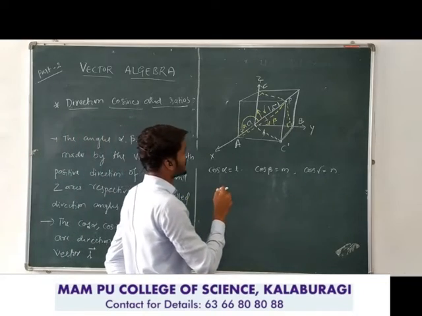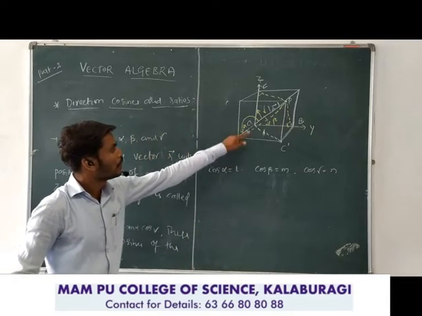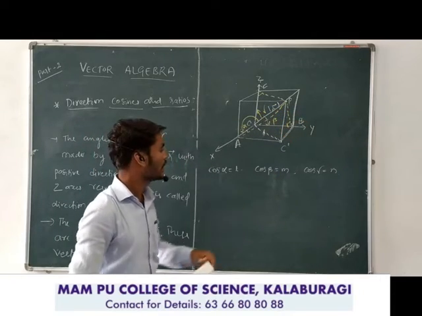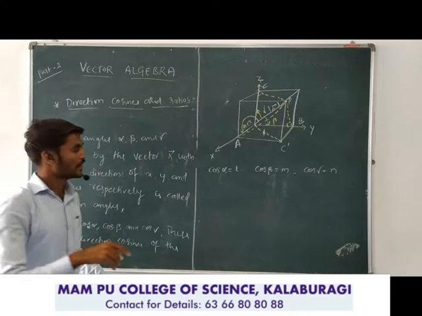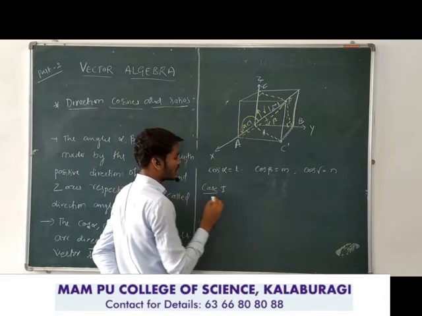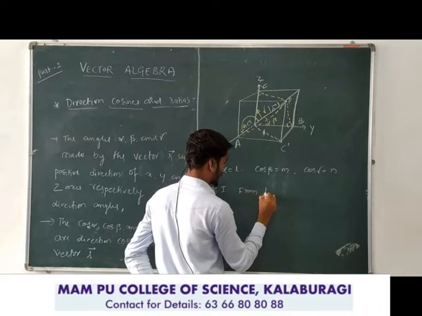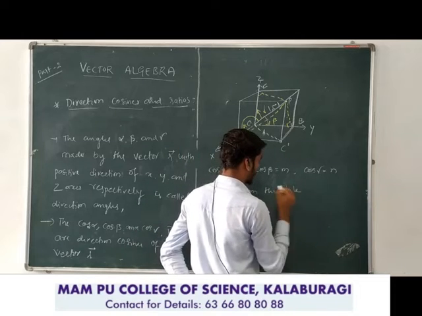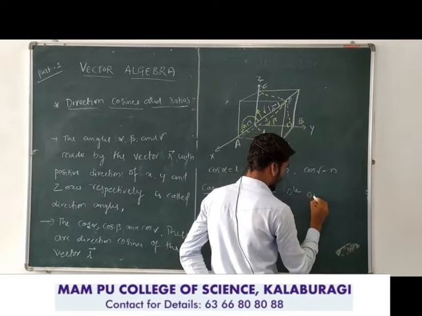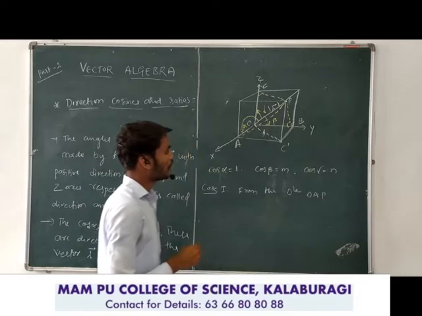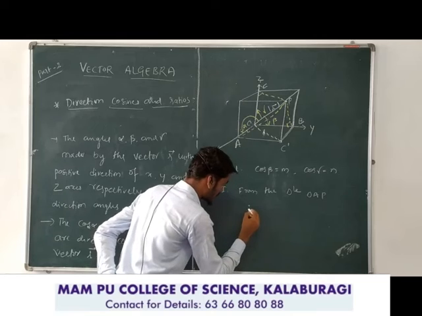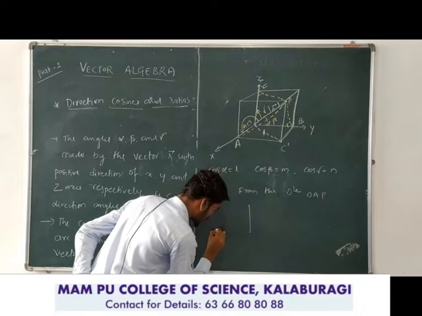See the triangle here, O A P. Case 1: I consider the triangle O A P. One more time I draw here. This is P, this is A, this is O.